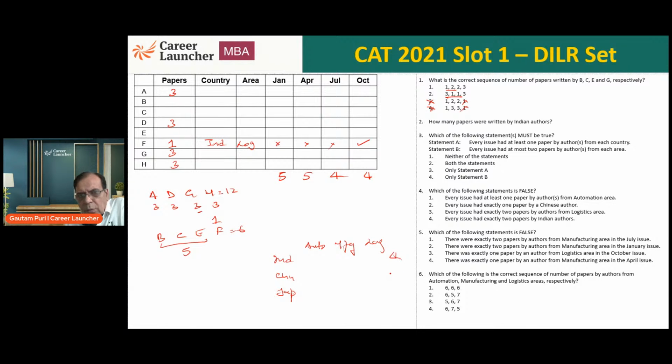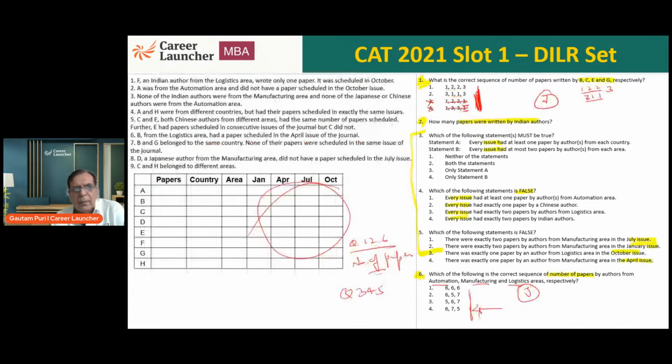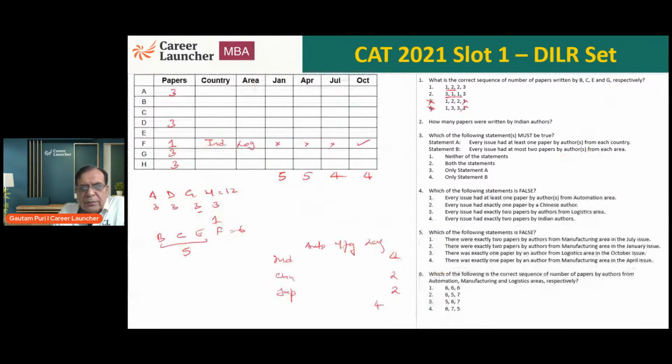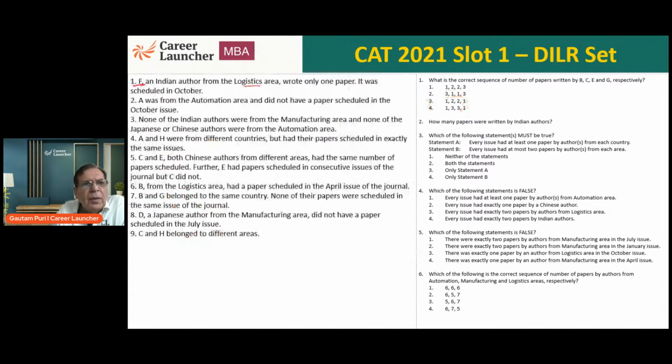India is 4, Japan 2, China 2. Similarly, logistics was 4, if I remember correctly. Let me just confirm. Yeah, 4 of the authors from logistics, the other 2 are 2 each. 4, 2, and 2. So total 8. So statement 1 we have looked at.